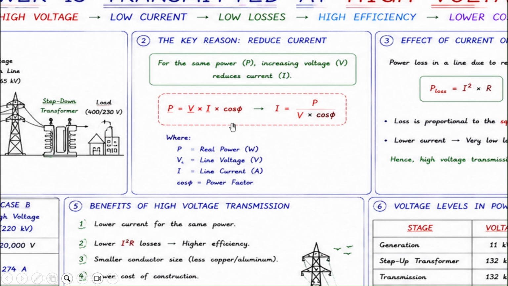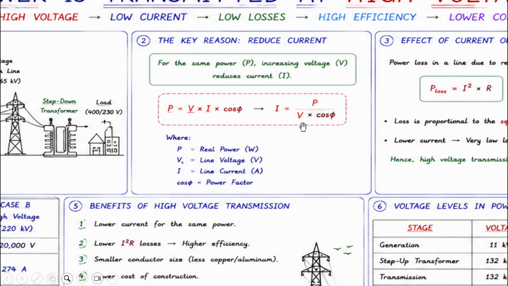If we rewrite the equation in this way, where the current is equal to the real power divided by the voltage and the power factor, we can see an inverse relationship between the current and the voltage.